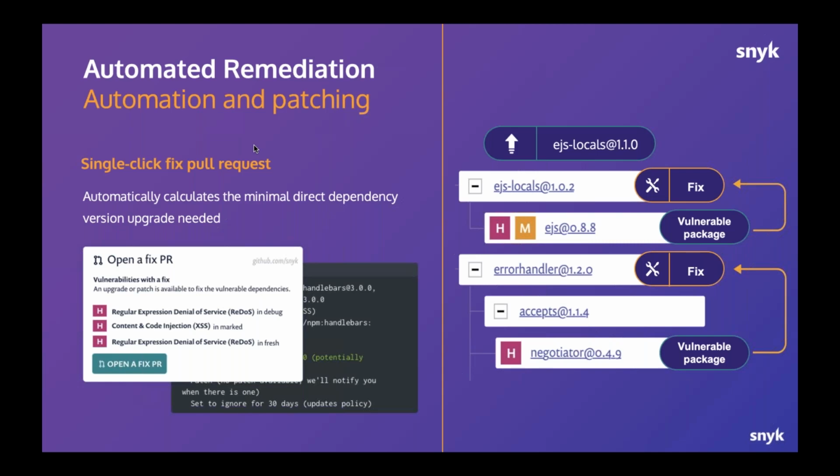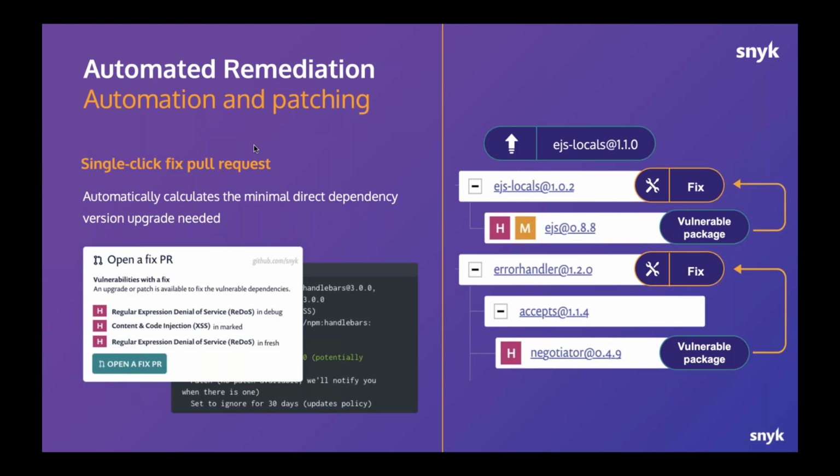Just as an example, as part of the dev first mindset, if a new vulnerability is discovered today, a developer that maybe has never seen Snyk, never heard of Snyk, will come to their office tomorrow and open their repository in their Git and see a code change pull request waiting for them from Snyk with the minimal upgrade that they need to do in order to change their code, to fix the vulnerability.